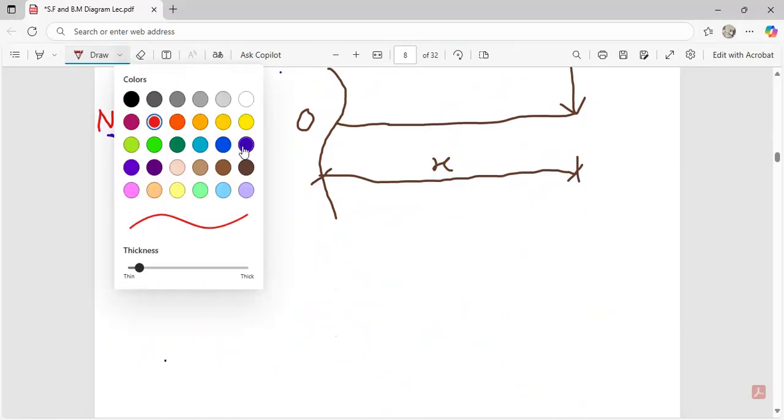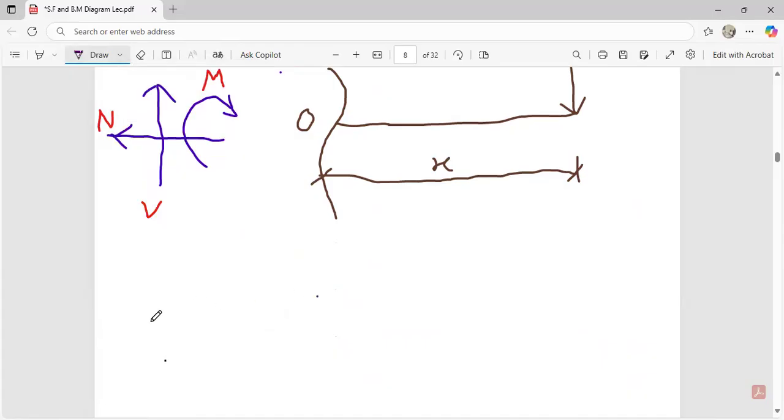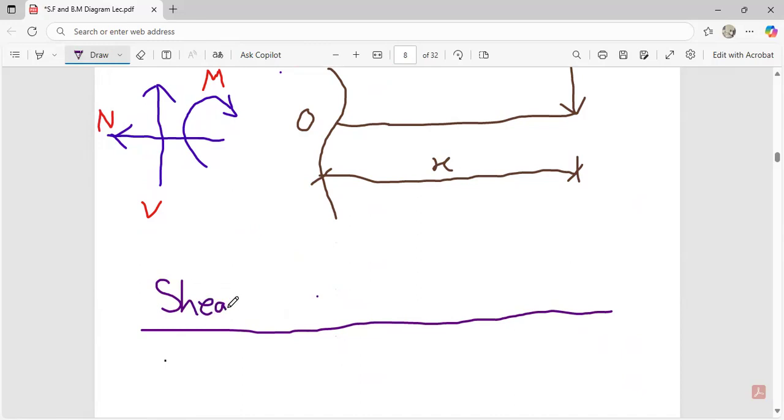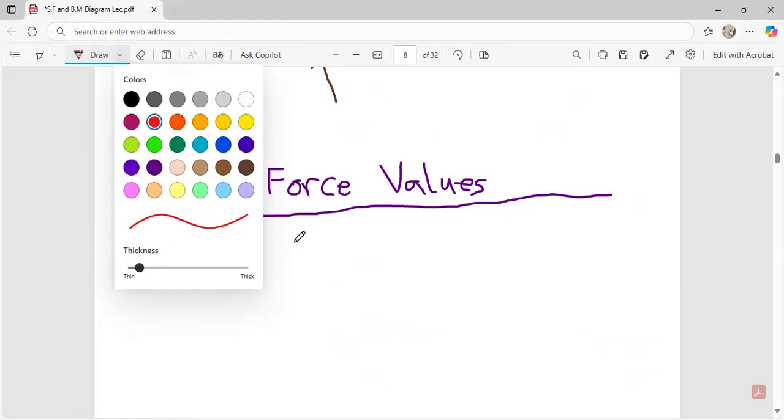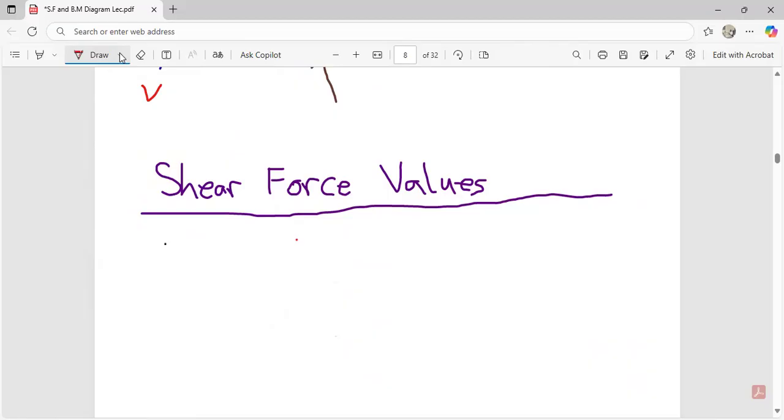So without beating around the bush, first of all, let's calculate our shear force values. Let me write over here: shear force values. Shear force values are values that move in the y-axis.